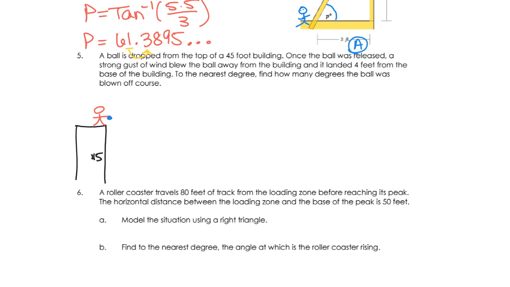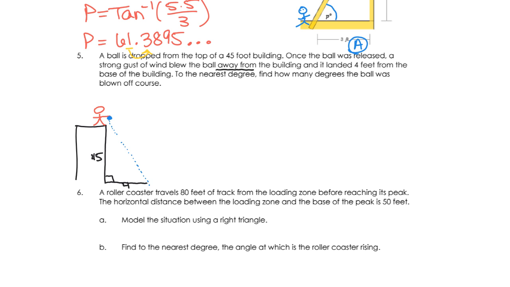Once the ball was released, a strong gust of wind blew the ball away from the building. So my ball is not going to go straight down here, and it landed 4 feet from the base of the building. So this distance here is 4 feet.